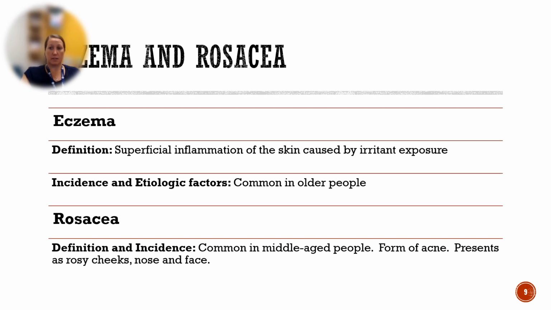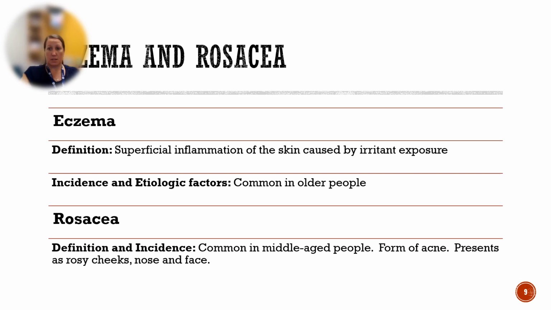Eczema and dermatitis are terms that are often used interchangeably to describe a group of disorders with a characteristic appearance. Eczema and dermatitis is a superficial inflammation of the skin caused by an irritant, exposure, allergic sensitization, or genetically determined idiopathic factors.